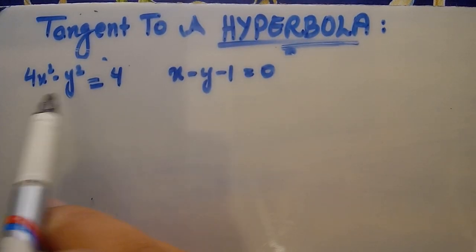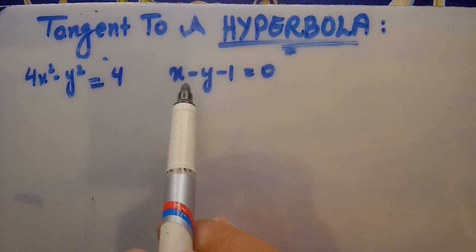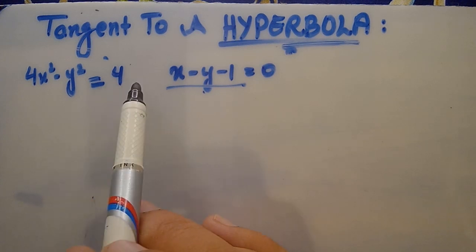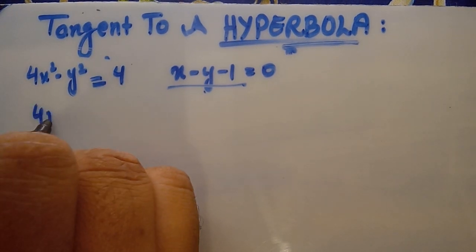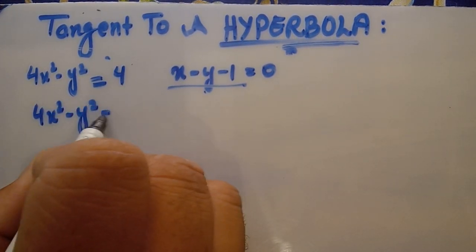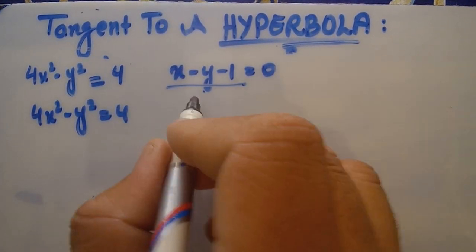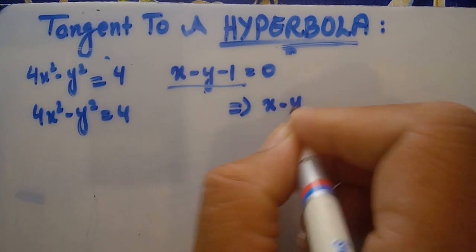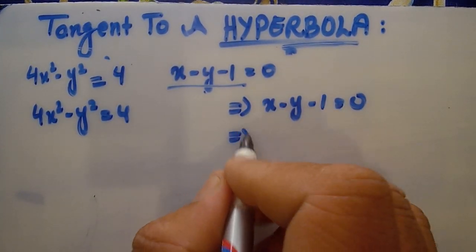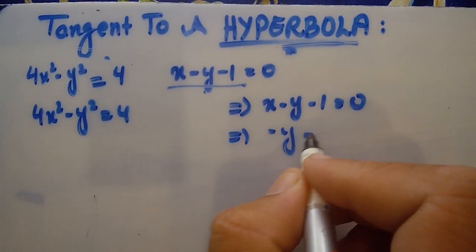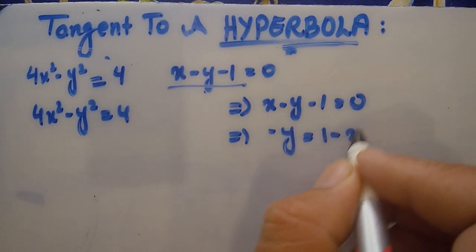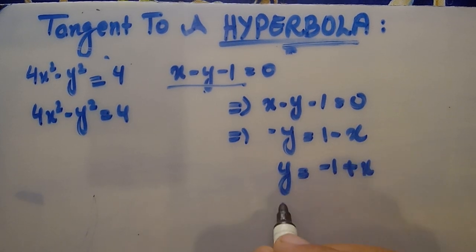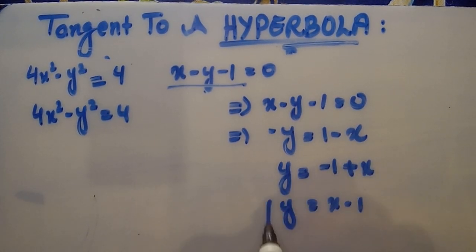Now, in this example, we have to find out the point of intersection of the given line and the hyperbola 4x square minus y square is equal to 4. For this purpose, we will substitute the line equation in this. The line equation becomes x minus y minus 1 equal to 0. This will become minus y is equal to 1 minus x, or y is equal to minus 1 plus x, or y is equal to x minus 1.